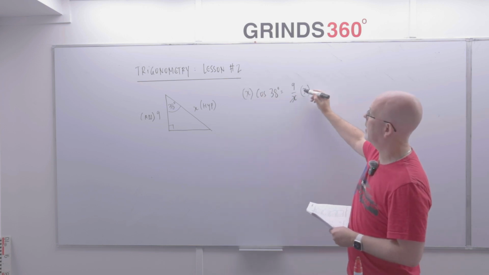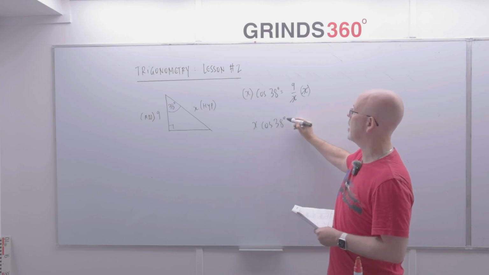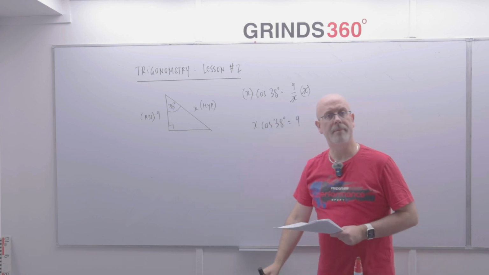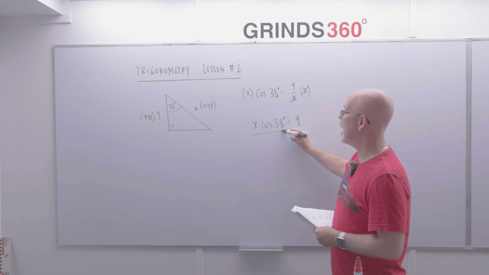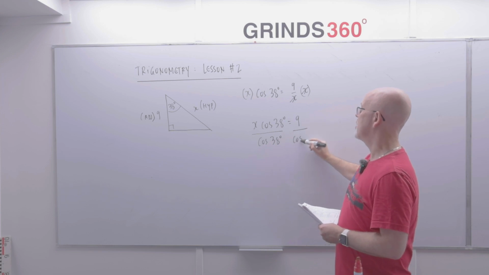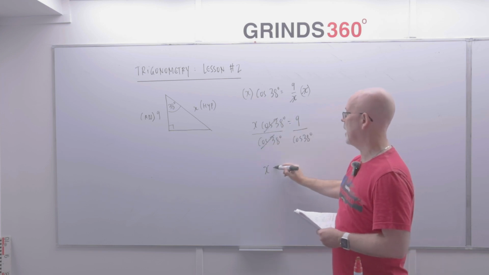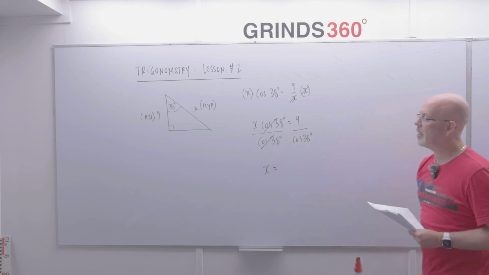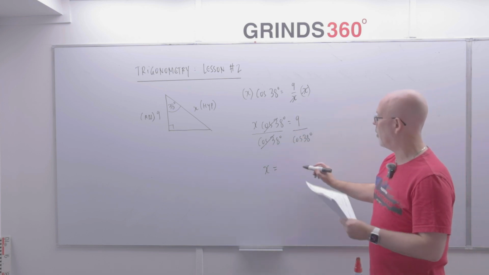Because on the right-hand side, they will cancel, so I get x times cosine 38 degrees is equal to 9. And now, to leave the x by itself here, I'll divide both sides by cosine 38 degrees. If I divide both sides by cosine 38, you can see they're going to cancel on the left-hand side and leave the x behind. And if I put this into my calculator, 9 over cosine 38 degrees, I get about 11.4.